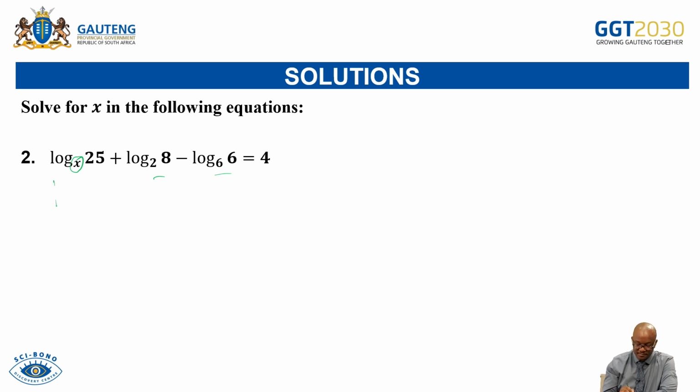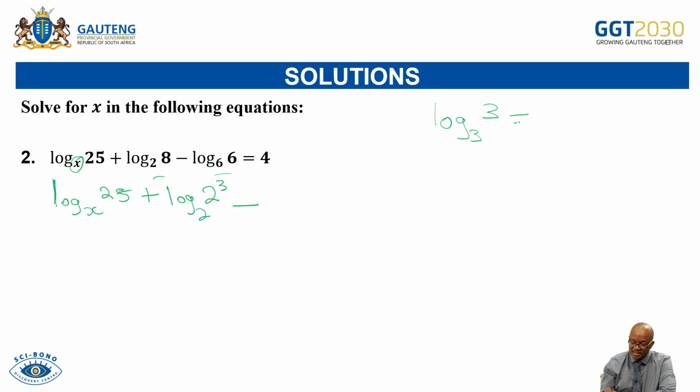You're going to have the log base x of 25 plus the log base 2 of 2 to the 3. Remember, the prime factors of 8 are 2 to the exponent of 3, minus, remember the deduction that says if the log, the base and the number are the same, then it's 1. So here in this case, we're going to have 1 is equal to 4.